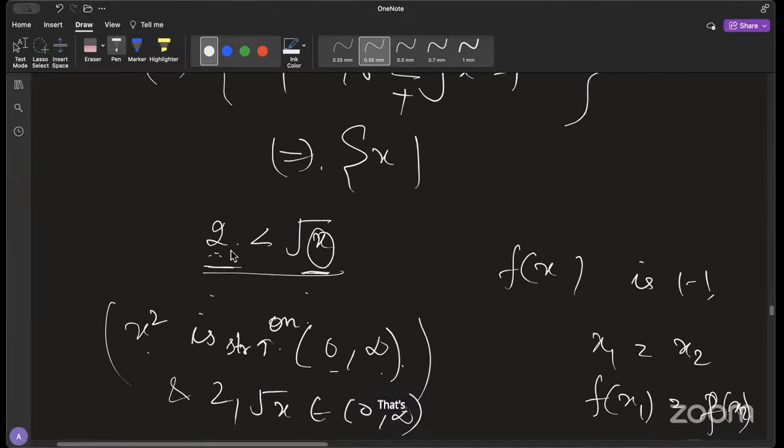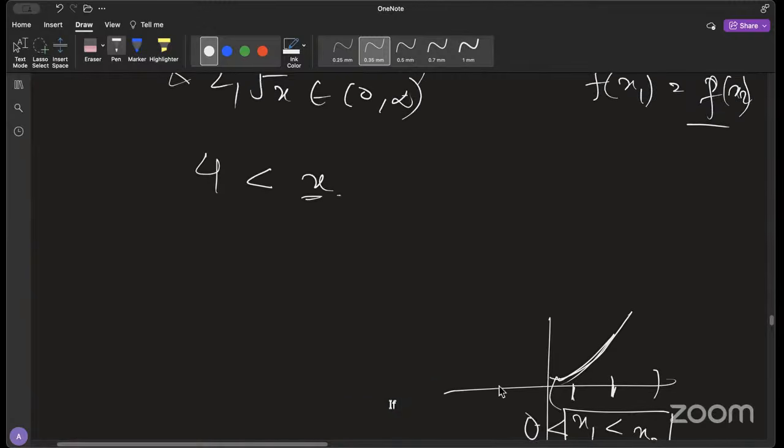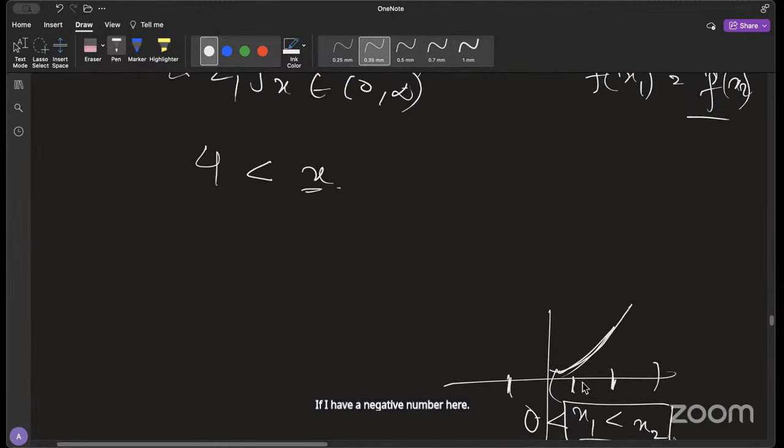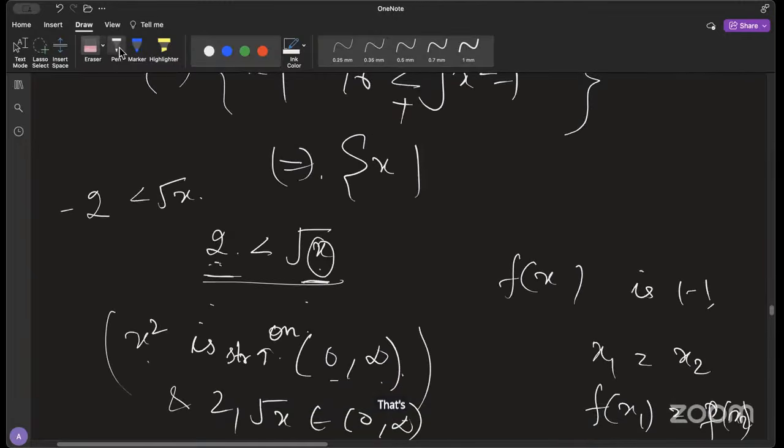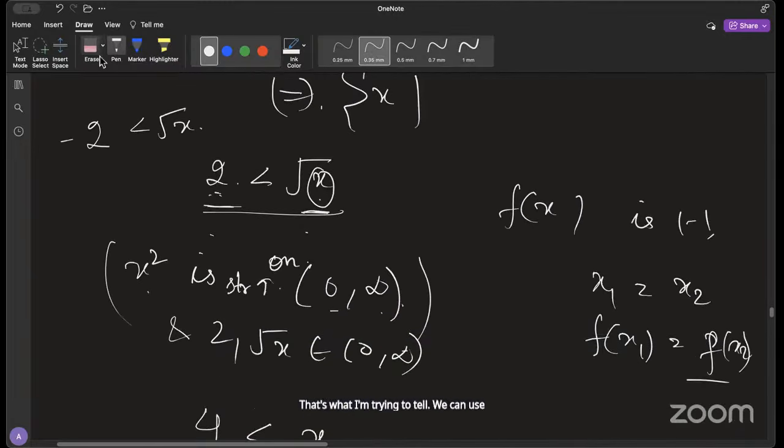That's what we're doing here, because 2 and square root of x are both positive. If we had minus 2 and square root of x, then maybe we cannot do this. If I have a negative number here and a positive number here, and I say that this number is less than this number, I can't say that the square of this is also less than the square of this. That's what I'm trying to tell. We can use this thing because they're both positive.